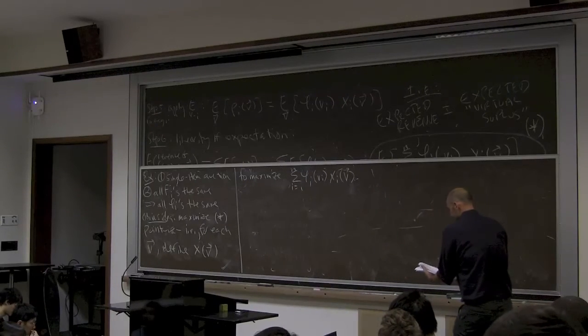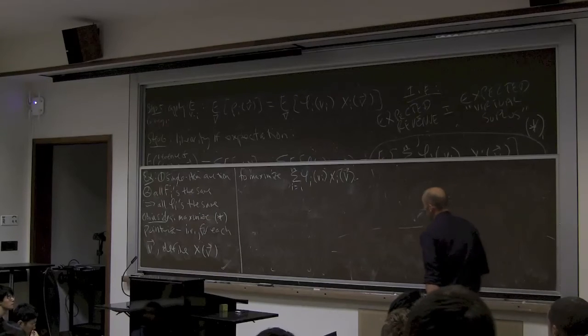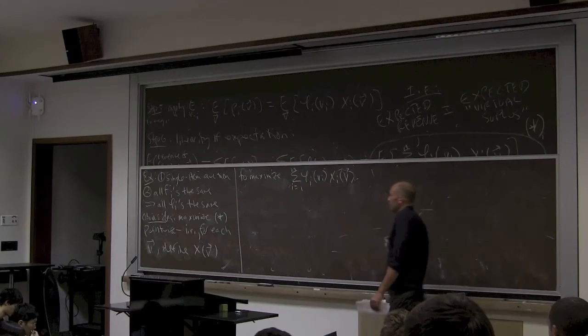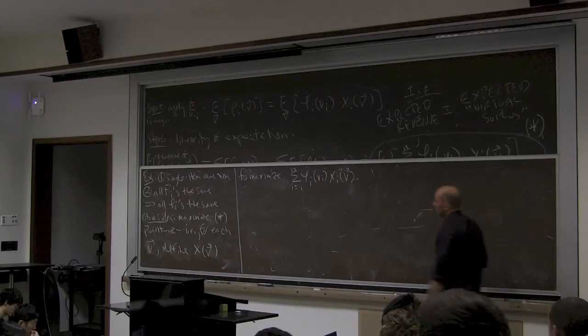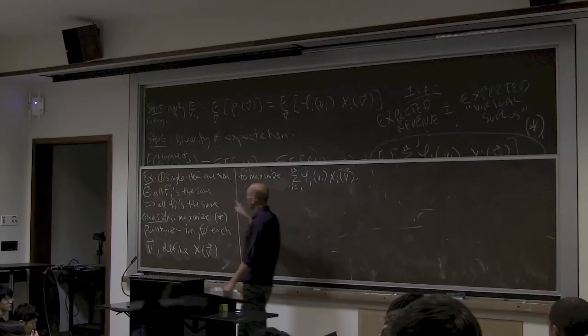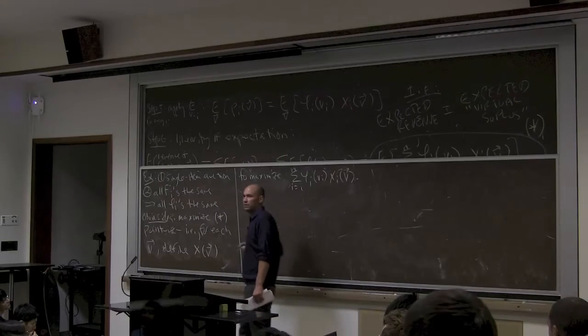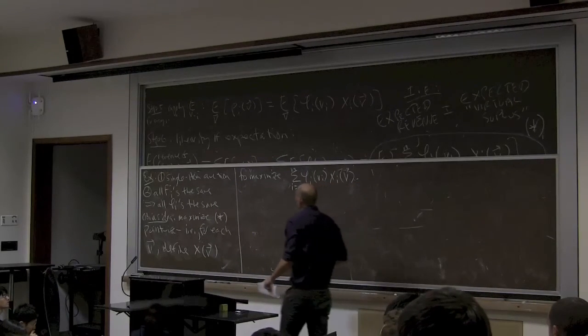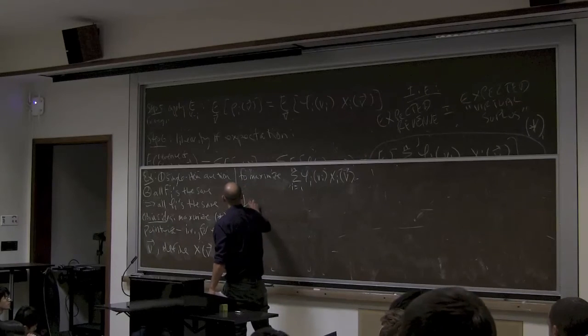Okay. So let me just make sure. What I want to point out is that this rule is very easy to understand in the context of a single item auction where all the distributions are the same. Okay? So what does that mean?